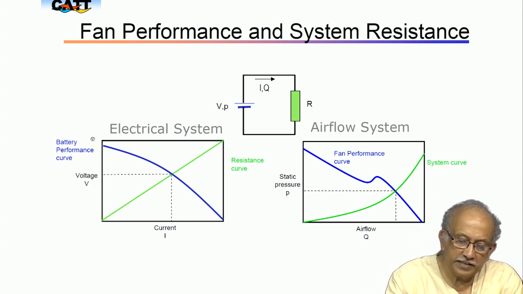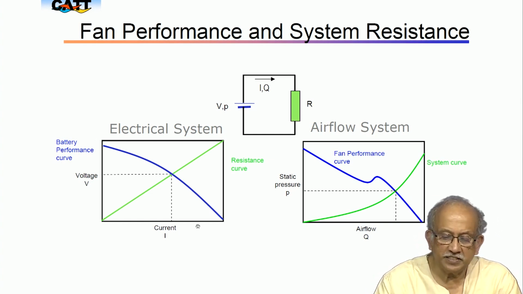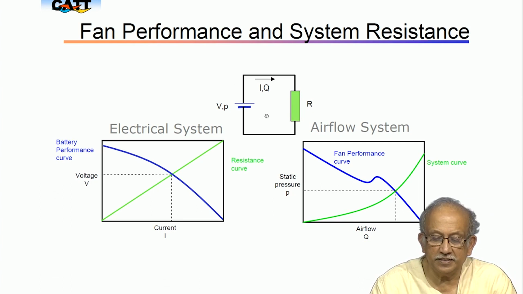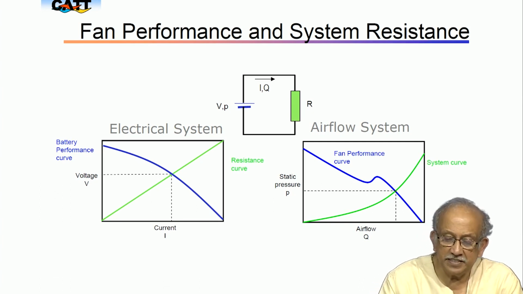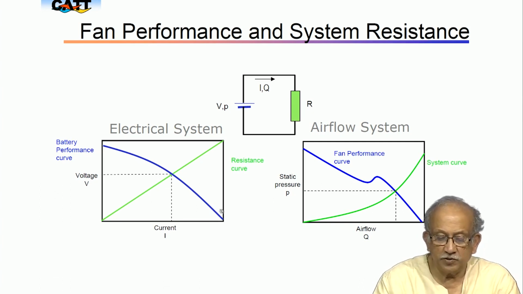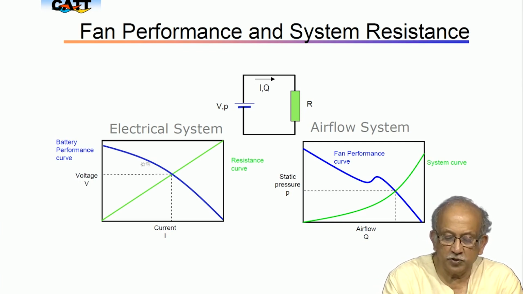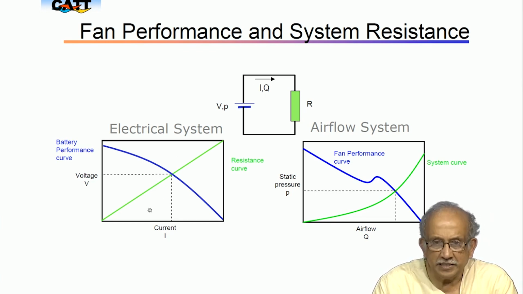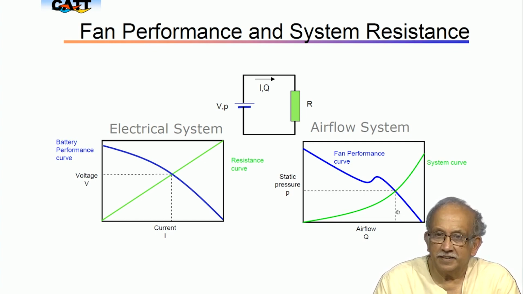Let us say you have a source here. In this case, we have a voltage and the current here. It is very easy. As you increase the voltage, the current comes up and so on. This is the total we are talking about. The magic is even our fans work like this.